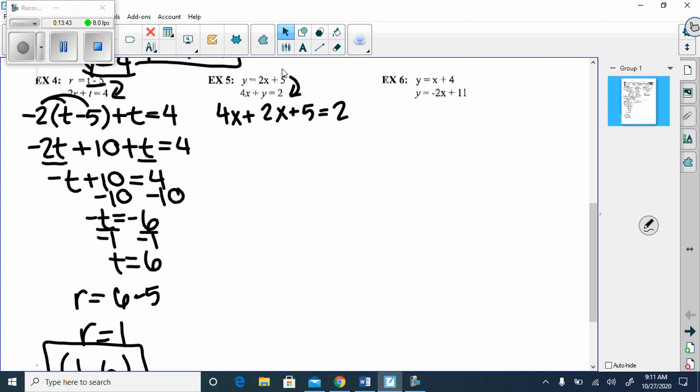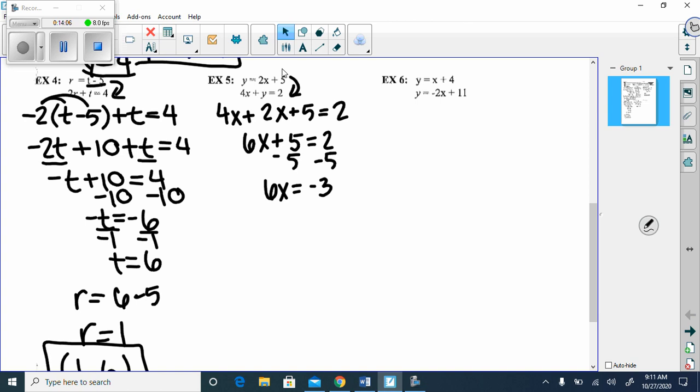Okay, then what do you guys do first? Good. So 4x and 2x. Okay, and then what? Minus 5 from both sides. So I end up with 6x equals negative 3.